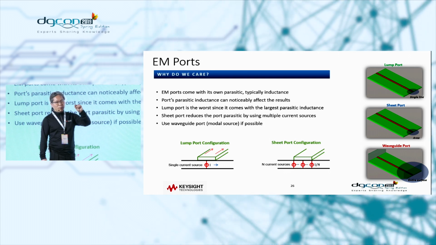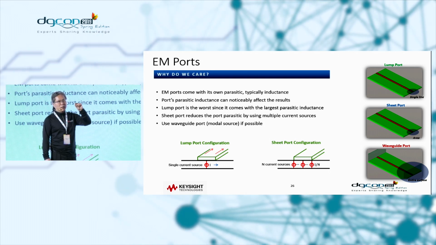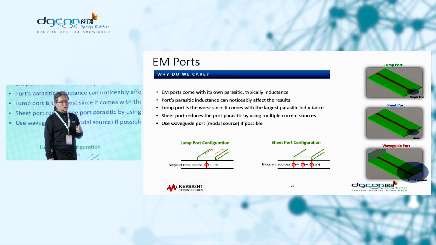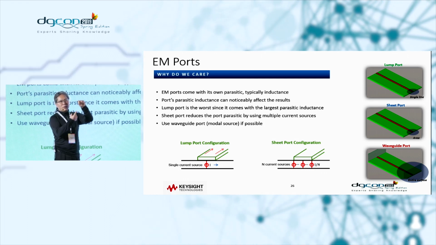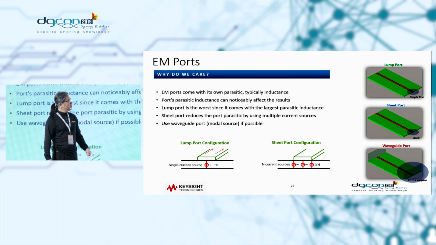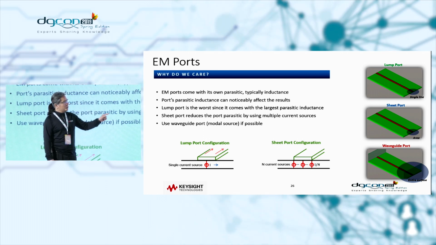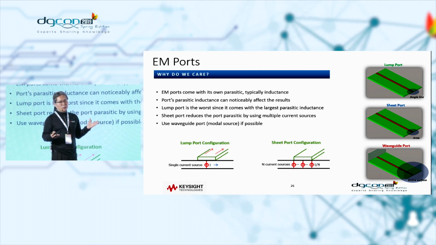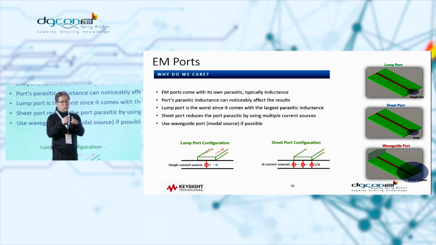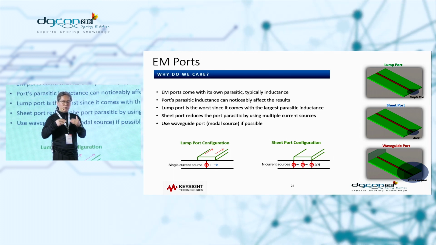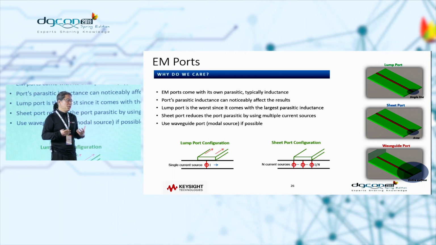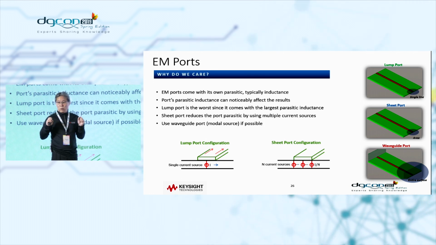That is a very simple, nodal-based source, which basically means you put 2 pins and then connect a current source to drive the structure. That's basically a lump port. And there is another, called a sheet port, which creates a kind of structure and multiplies all the currents, so that you can reduce the parasitic inductance coming with the ports.